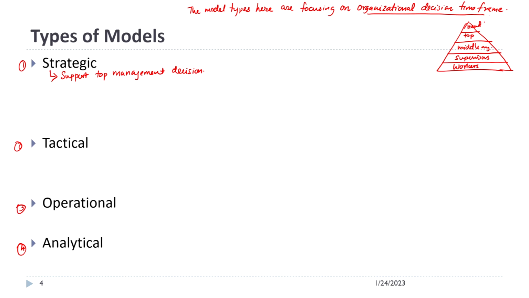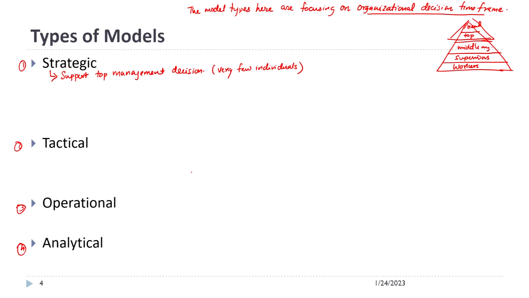So, we are talking about this angle at this point, the top management, the CEO or whoever it is, and how they make decisions. There are very few individuals, not many decision makers.